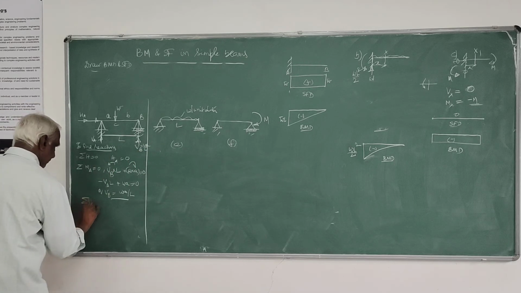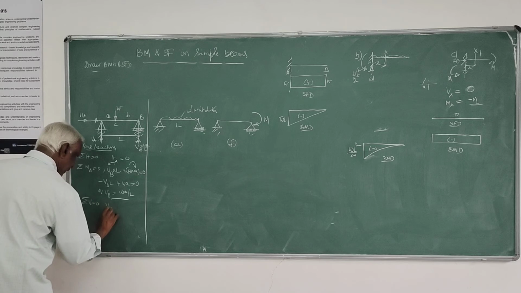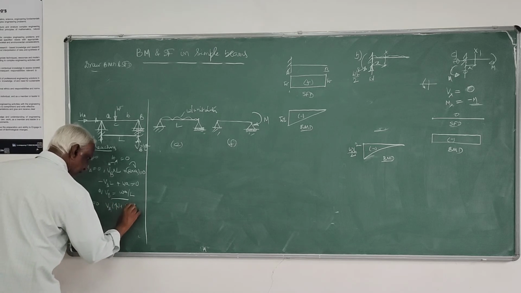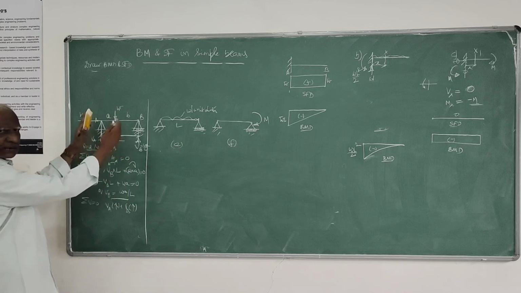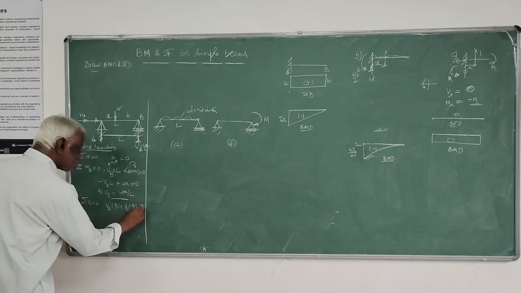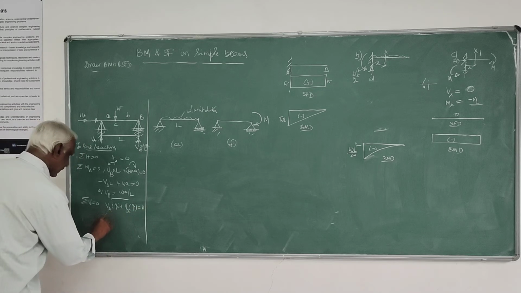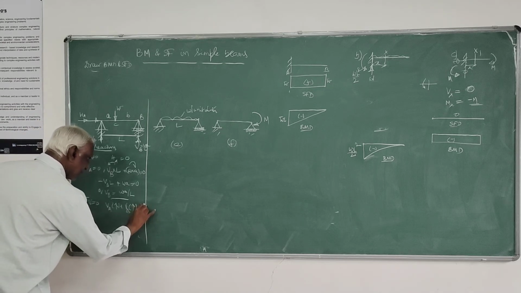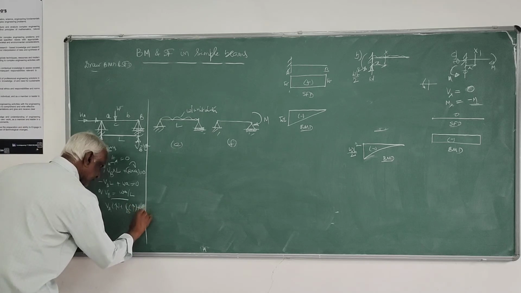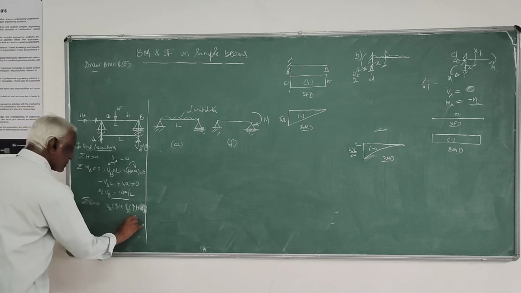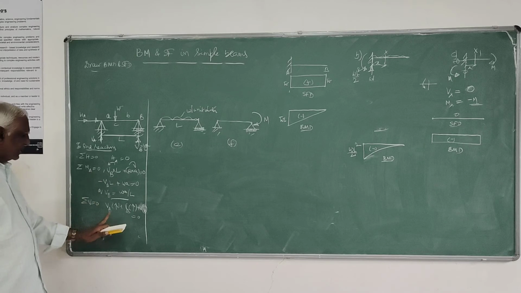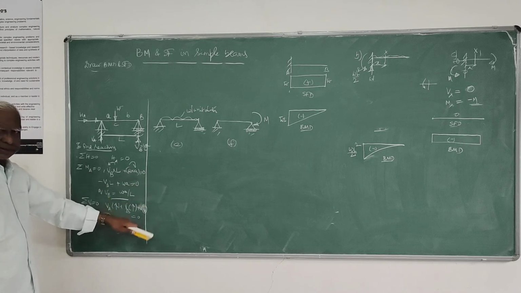Then if you take sigma V equals 0, VA acting up plus VB acting up. Always we take reactions as positive direction to start with. So VA plus VB minus W, where W is acting down, equals 0. This is the sum of all vertical forces. These are all acting up, this is acting down.